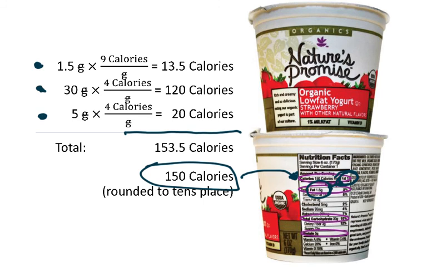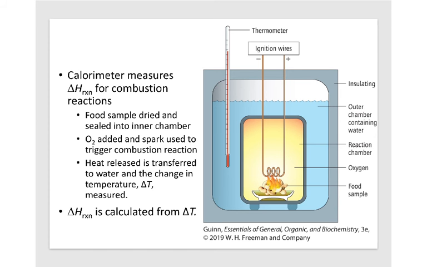So we know calories from fat, carbohydrates, and protein. We can use an instrument to measure these things, though. Ultimately, they had to have been measured at some point. So a calorimeter measures the delta H of combustion reactions, and you can do this with food. Pretty clever.